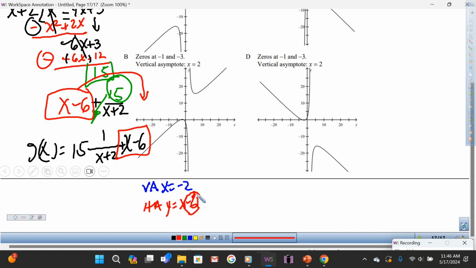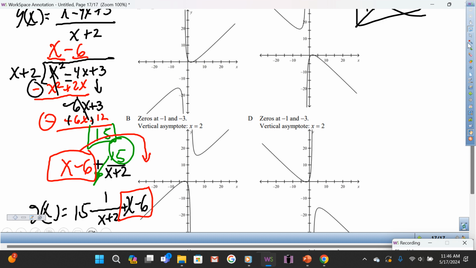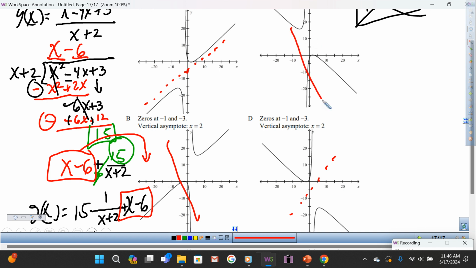At negative 6. So let's look at these. Which one has the asymptote at negative 6? Let's see. Hold on. Negative 6 is about right here. Is there an asymptote going like that? Yes. How about this one? No. This one could be. This one? No. So these are the two possibles.